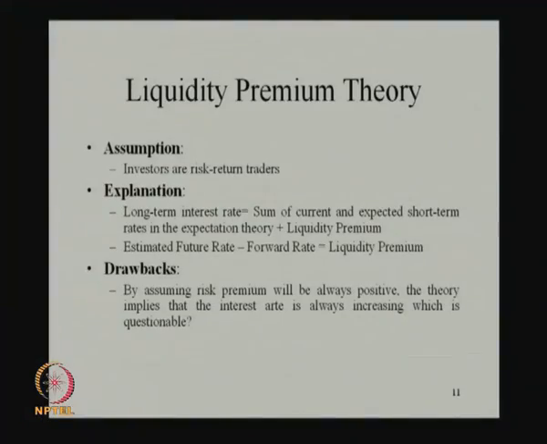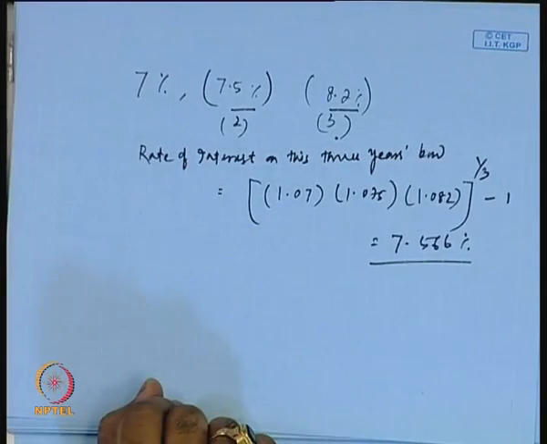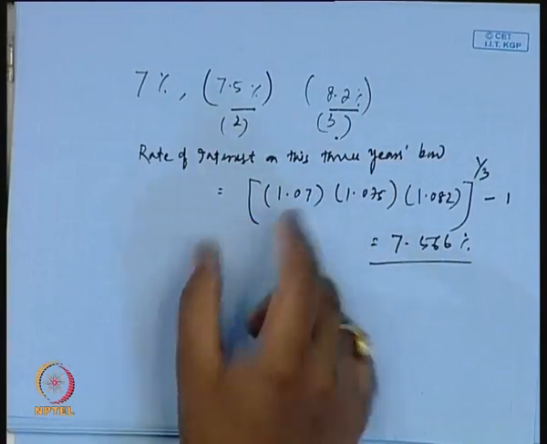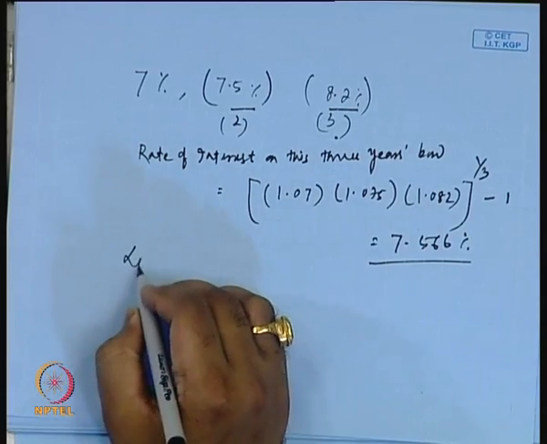Therefore, Keynes said that there is always a premium involved if somebody invests in long term futures or long term bonds. So, the estimated future rate, which we measure on the basis of the available data, minus the actual forward rate that is going to prevail, is nothing but the liquidity premium.